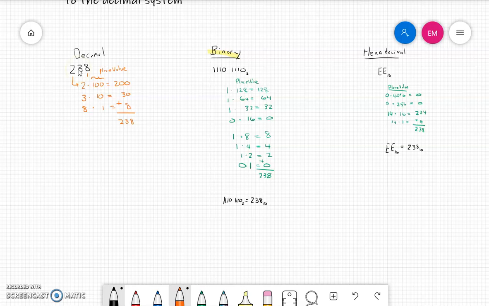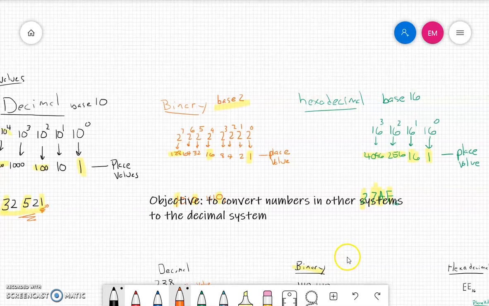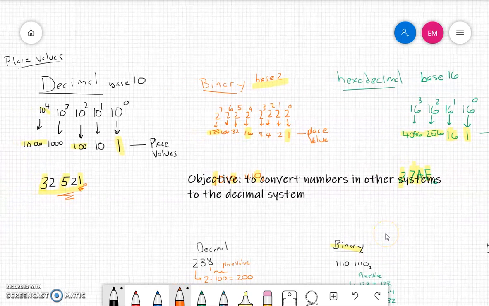Again, we typically think of it in the decimal system as 8 ones, 3 tens, 2 100s, but in these other systems, it's not the familiar 1, 10, 100, 1,000, and so forth. You have to think about these different place values differently. So understanding the place values that we talked about up here in a previous video is going to be very important.